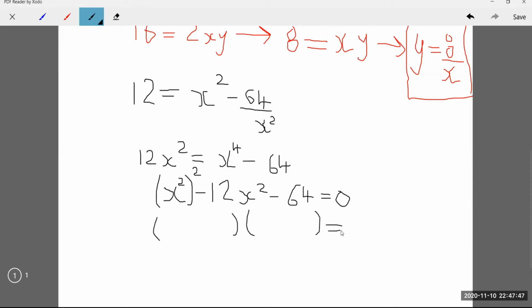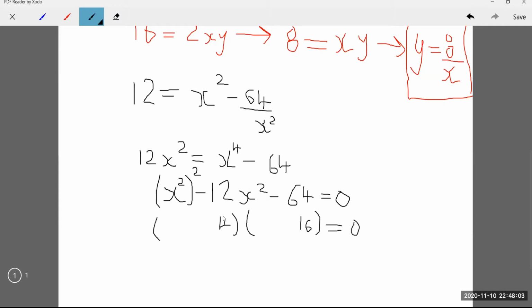Equate it to 0. Now we're going to ask ourselves which two numbers, when we multiply them, we get negative 64, but when we add them, we get negative 12. 16 times 4 will give me 64.